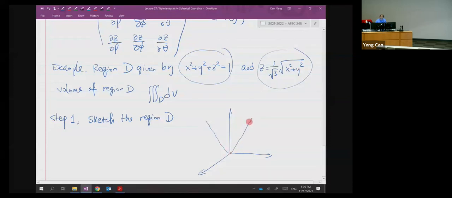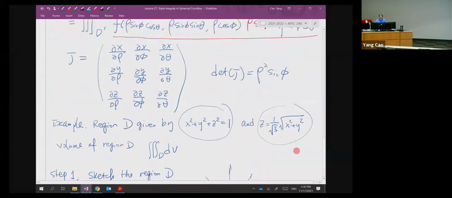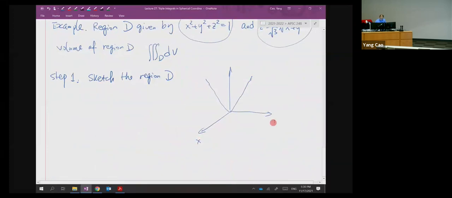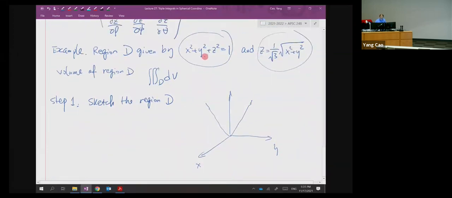And we know the cone is somehow the angle phi there, as we just did, was pi over 3, 60 degrees. So just draw it roughly like that. Okay. And then this is a sphere with a radius of 1 and centered around the origin. So basically, in your head, you should try to visualize that right on top of this cone is that spherical surface, right? So the spherical surface is on top of the cone.